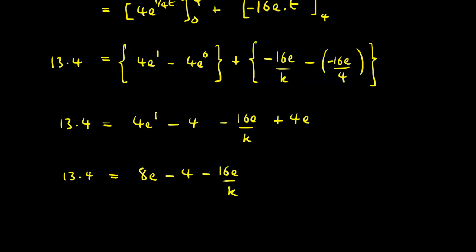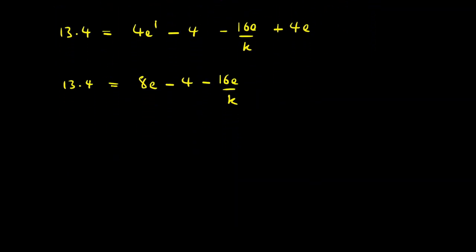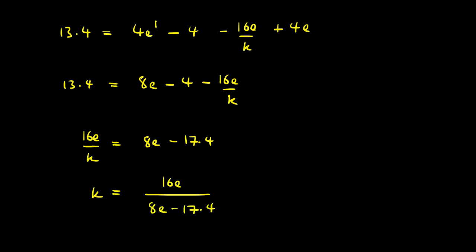And hopefully you should notice that's basically the same as what we had when I did it previously. So I can now write 16e upon k is equal to 8e minus 17.4. And so therefore k is equal to 16e divided by 8e minus 17.4.